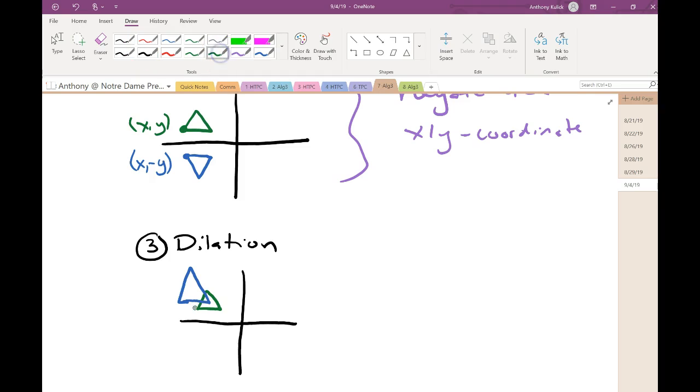So again, if this is a generic x, y here, what did we do to the x and y to do this dilation? What operation? Add, subtract, multiply, or divide. Multiply or divide, yep, by some factor.